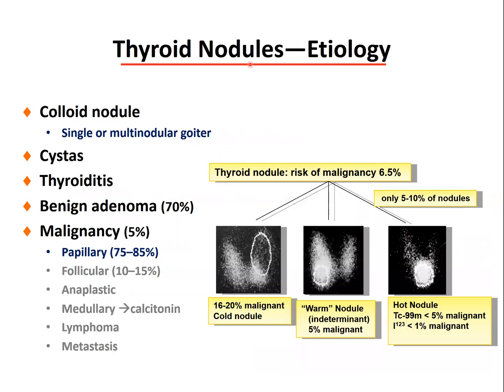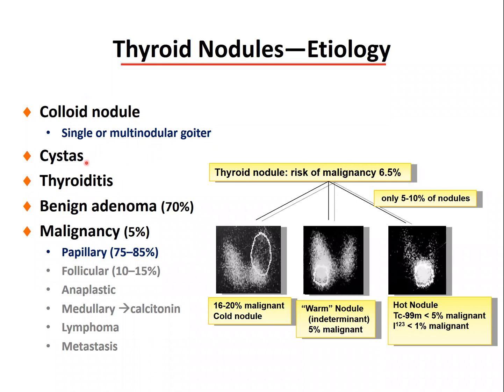Now let's see the thyroid nodules. What kind of mass can we see in the thyroid nodules? These nodules can be a single one or multinodular, and this enlargement is called goiter.